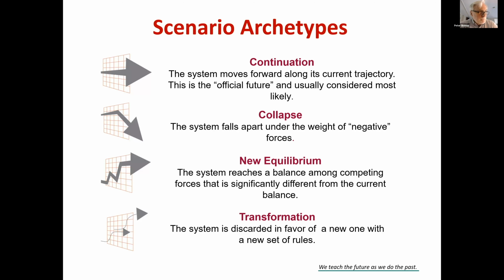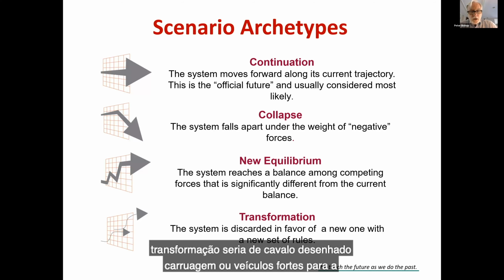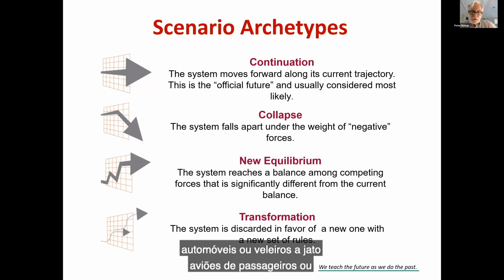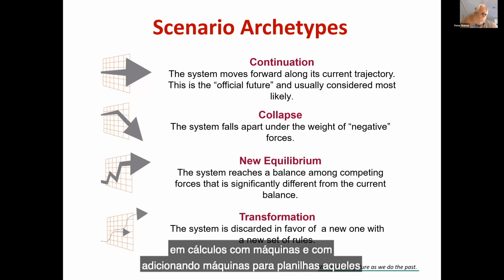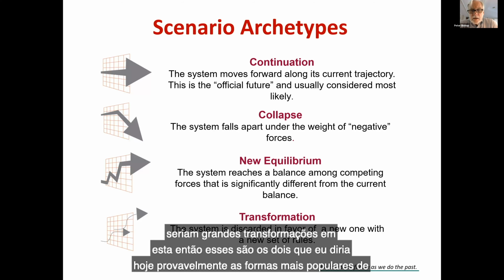Examples of transformation would be from horse-drawn vehicles to automobiles, or sailing ships to jet airliners, or hand calculations with machines, with adding machines to spreadsheets. Those would be major transformations in a system.